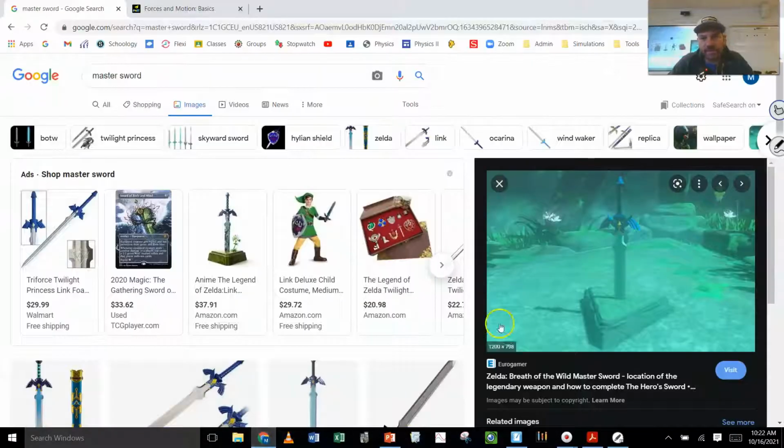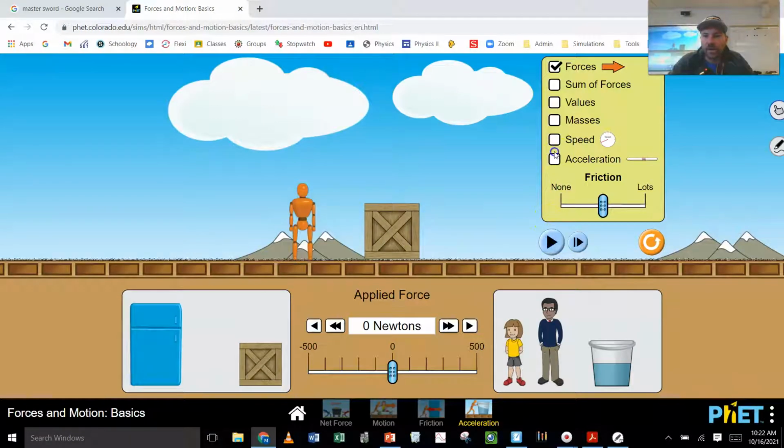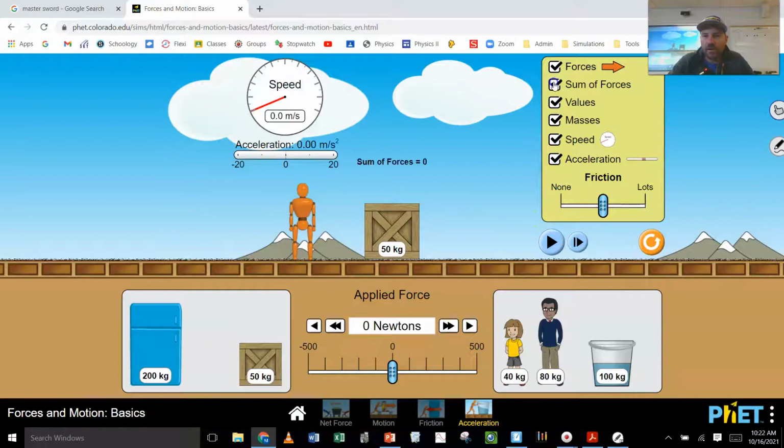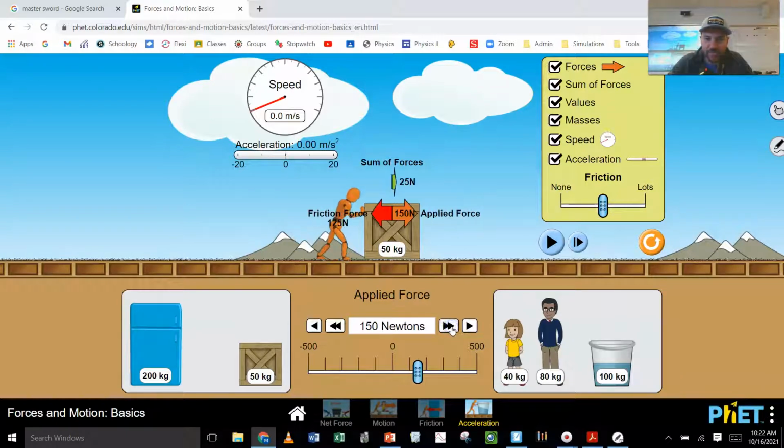Let me give you an example. The Master Sword. I have a box, and there's some friction going on here. I'm going to push on this box. You can see that I'm pushing with 200 newtons. Friction is opposing me with 125.